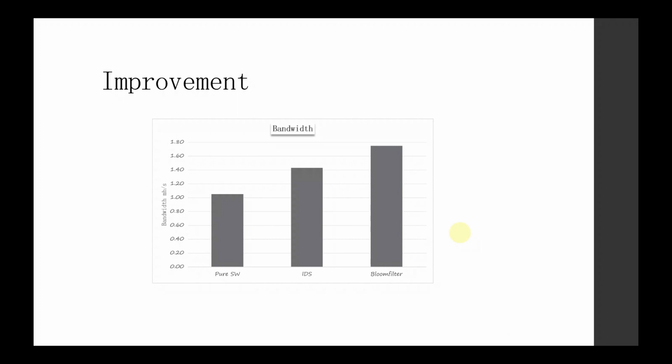Comparing to the purely software method, IDS can bring a 66% improvement, and the Bloom filter can bring a 67% improvement. And comparing to the IDS, the Bloom filter runs 22% faster.